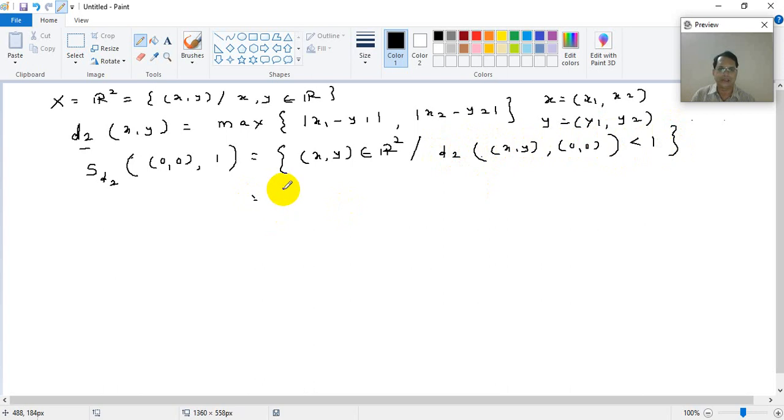So it is the set of points x comma y belonging to R2 such that it is the maximum of what? The difference between the x coordinates, these x1 and y1 are x coordinates, so here the maximum of mod of x minus 0, that is mod x comma mod y. You want this to be less than 1.